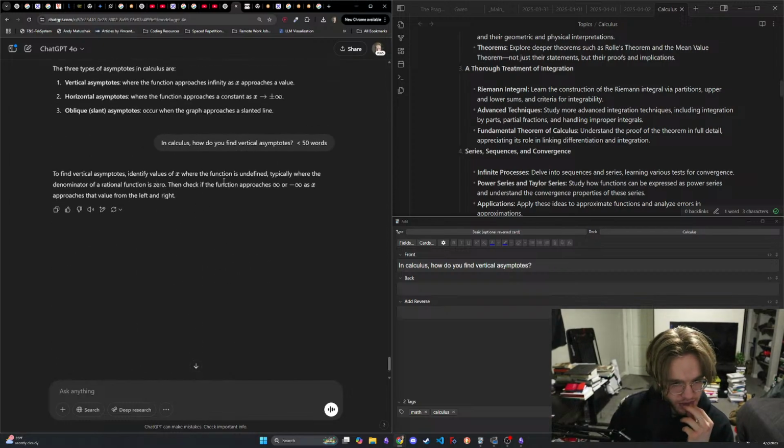Identify values of x where the function is undefined. Okay, that makes sense. So this would be a discontinuity. Well, I guess probably most asymptotes have discontinuities. Actually, except for the slanted ones, those probably don't have discontinuities because we're just approaching a slope. At least that would be my intuition. Is it correct to say that slanted asymptotes do not cause discontinuities?